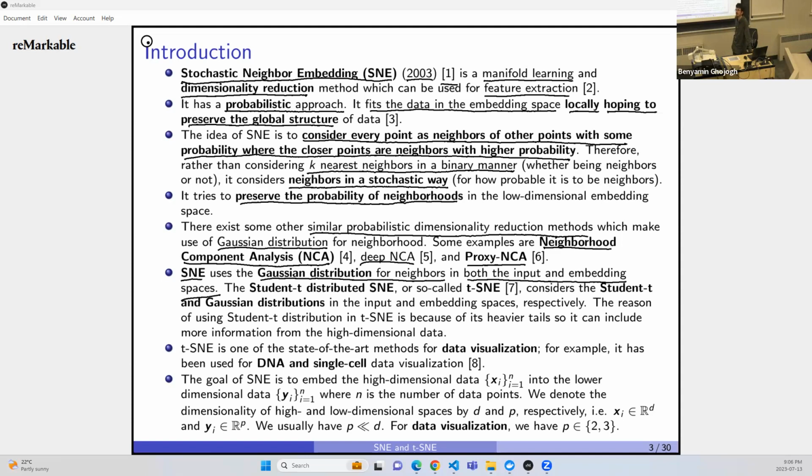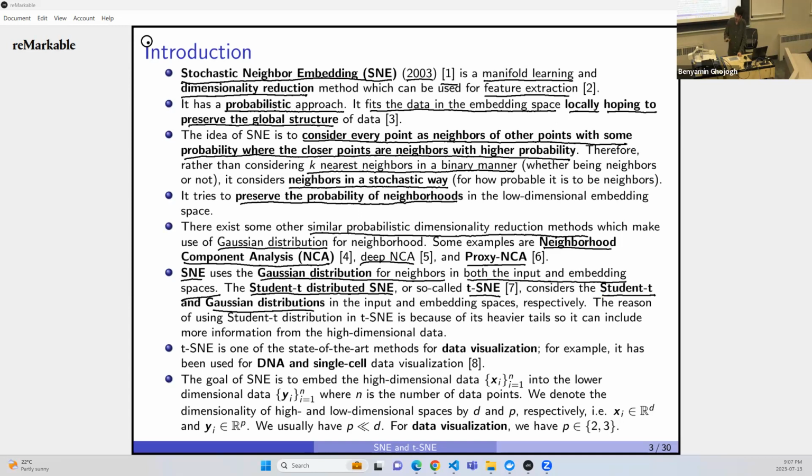We will see; there is a nice justification for that. t-SNE uses a Gaussian distribution in the input space, but in the embedded space it uses a Student t distribution. Hence the name t-SNE: the t is borrowed from the Student t distribution.